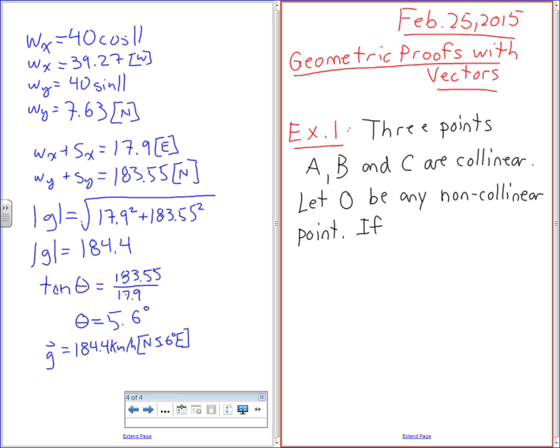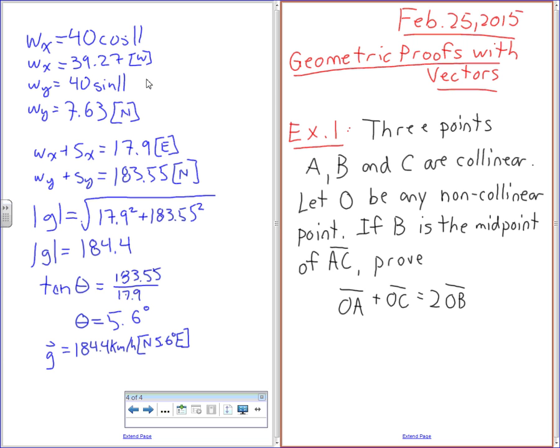If B is the midpoint of AC, prove OA plus OC equals 2OB.